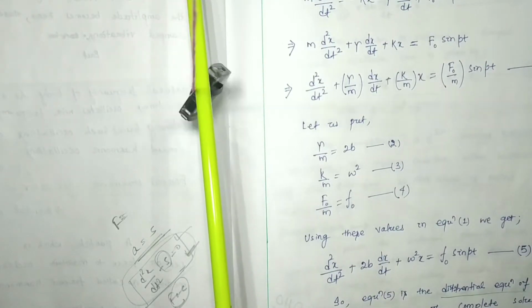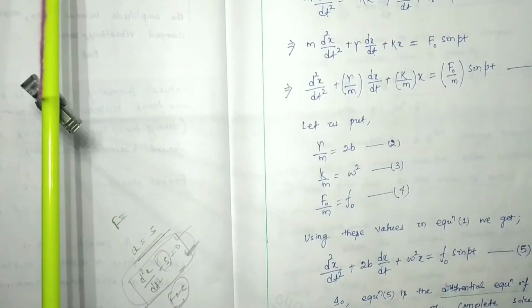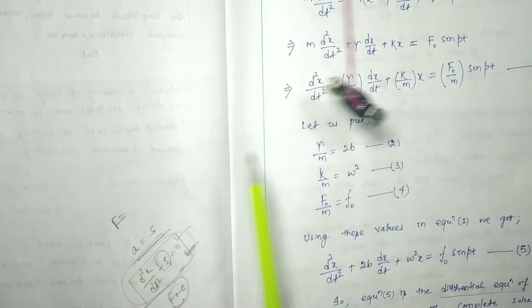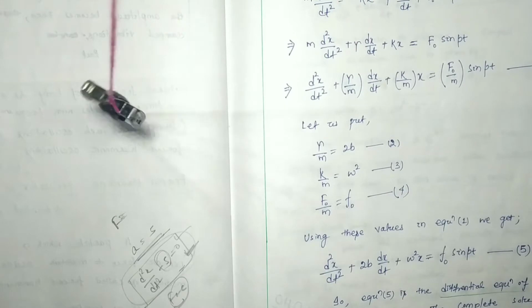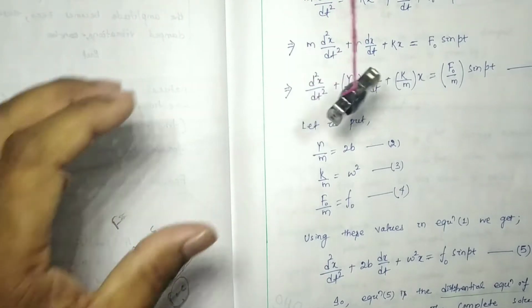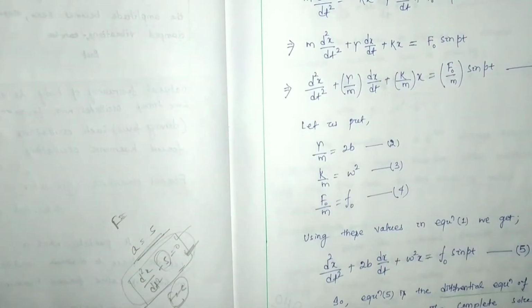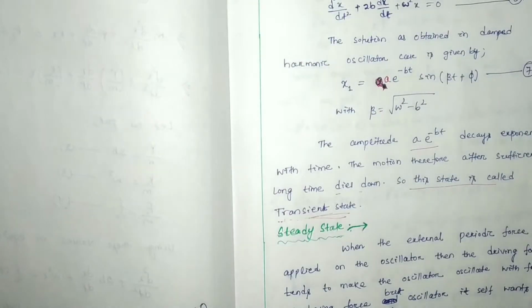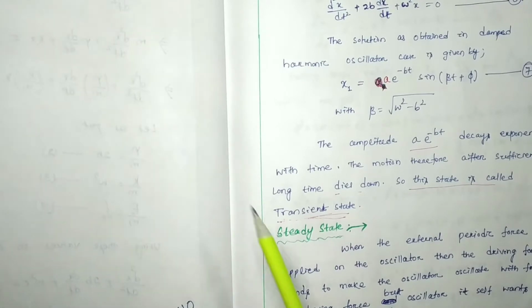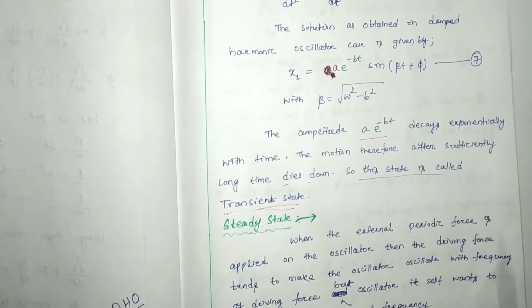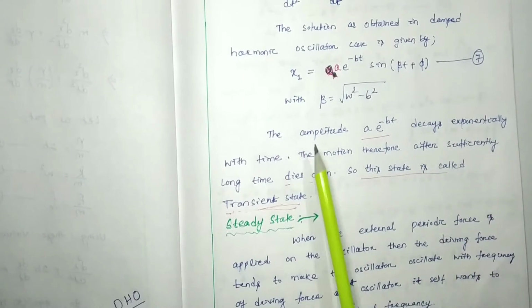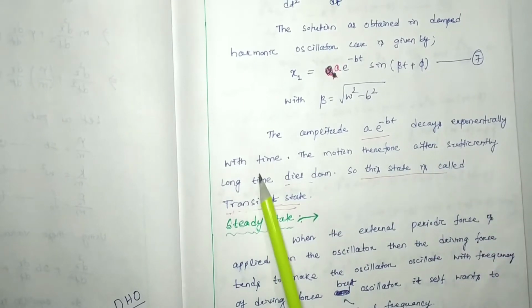So whenever an oscillator is oscillating with its own frequency without any applied force, its amplitude gradually decreases. This is the so-called damped harmonic oscillation situation, in which the amplitude decays exponentially with time.